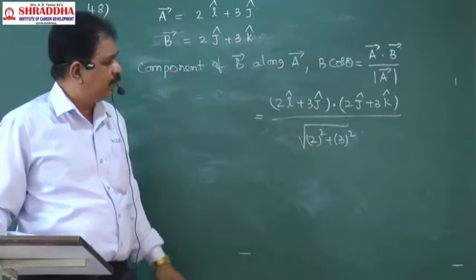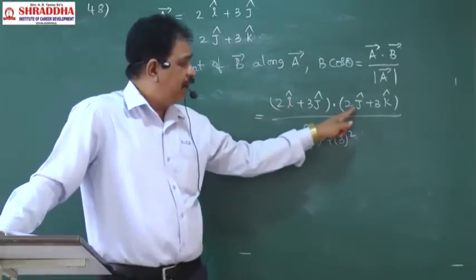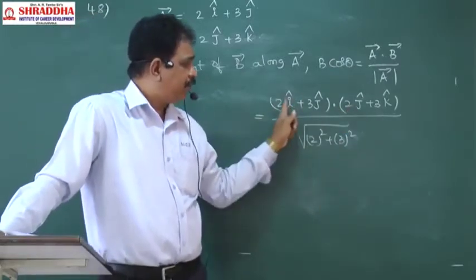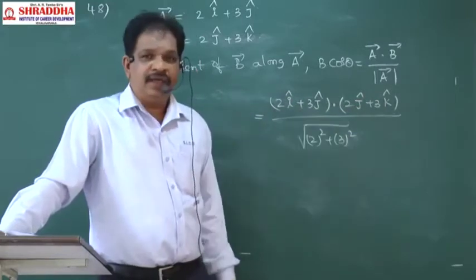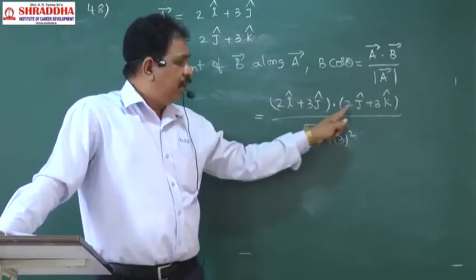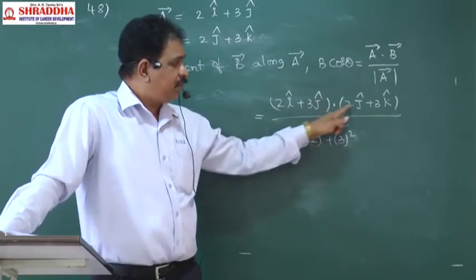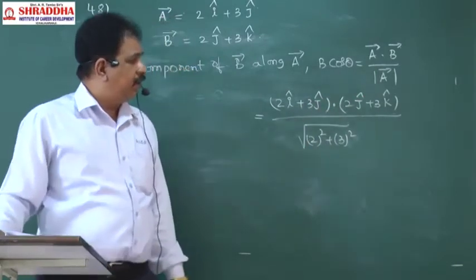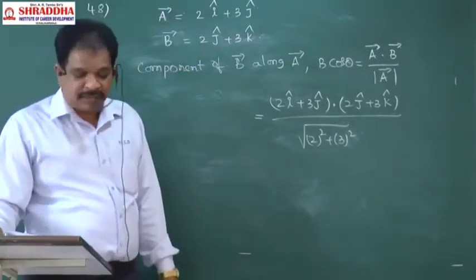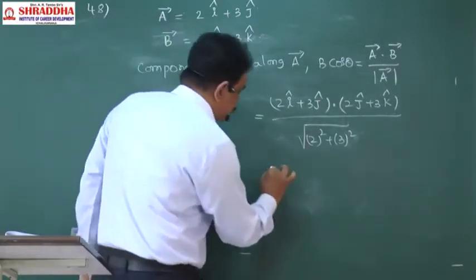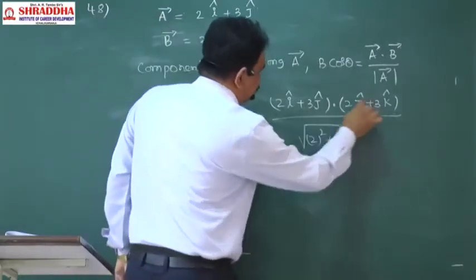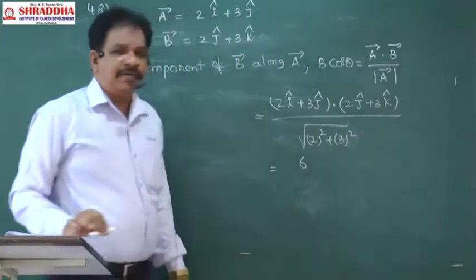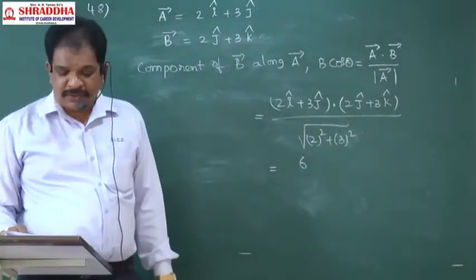So here what will happen? I dot j will be 0. I dot k will be 0. J dot j will be 1. So here this value will be 6. J bar dot k bar value will be equal to 0.